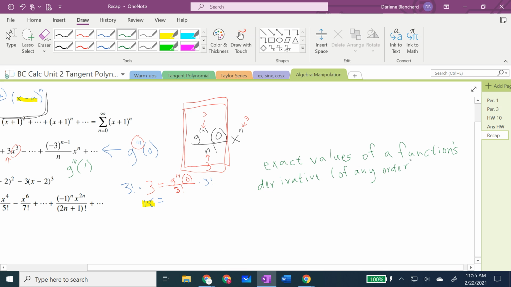And the order of the derivative is referring to whether it's the first derivative, second derivative, third derivative. So the exact values of a function's derivative can only be found at the center. Any other x-coordinate is an approximation.